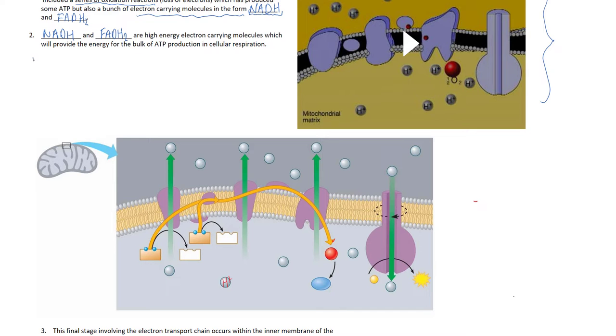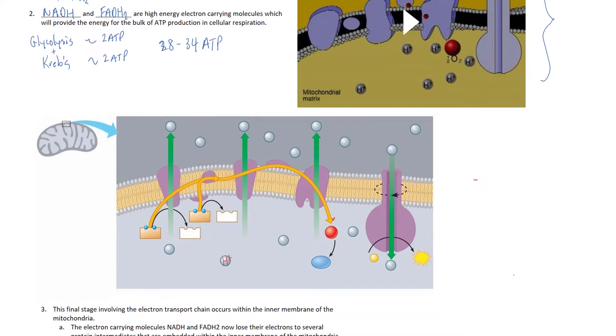Remember, at this point, glycolysis and the Krebs cycle have each yielded about 2 ATP, and yet from one glucose molecule, we can get upwards of 30 to 38. That leaves us in the range of about 28 to 34 ATP that are going to come out of the electron transport chain.